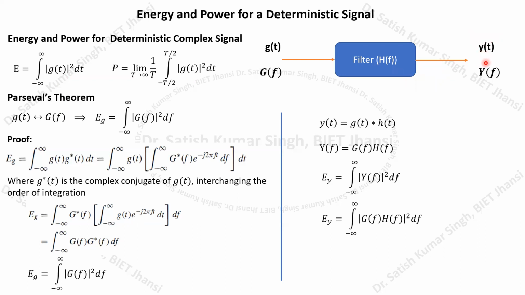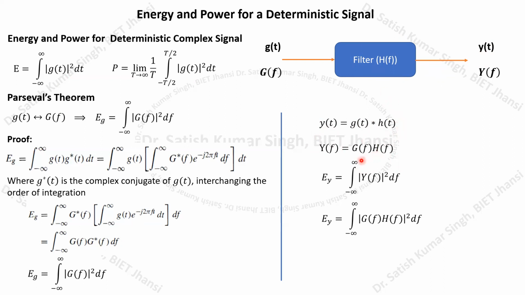As we know, y(t) can be calculated by convolving the input signal with the impulse response of this filter. So y(t) equals g(t) convolved with h(t), and obviously if you take the Fourier transform on both sides, then you get Y(f) equal to G(f) multiplied with H(f), right? So H(f) is the frequency response of this particular filter.